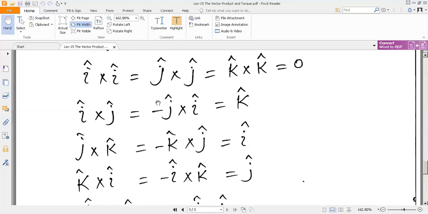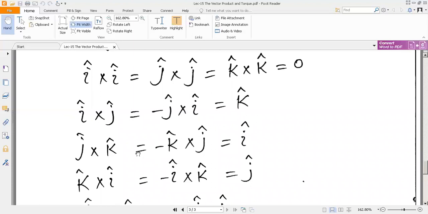by reversing the order, we can say that the negative sign will get involved and the cross product will be the same. As I cross j is equal to the k unit vector, minus j cross I will also be equal to the k unit vector.